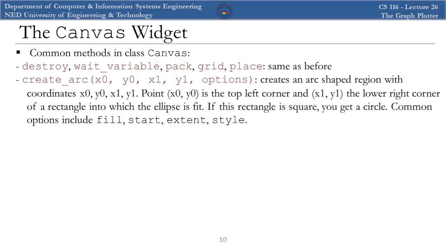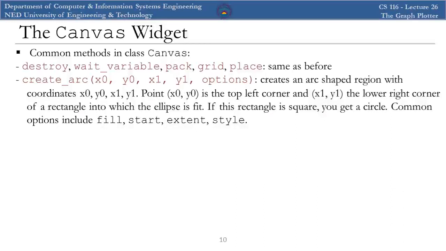The first one is create arc. This can be used to create an arc. And you see, we are passing 2 sets of coordinates, x0, y0, x1, y1. And how it creates the arc: it considers an imaginary square or rectangle with top left position to be x0, y0, and bottom right to be x1, y1.